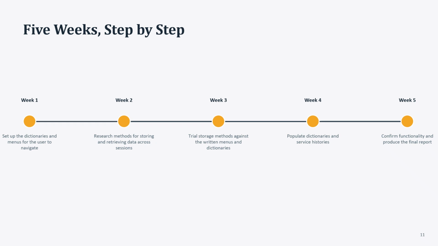In week 3, I looked at the storage methods against those written menus and dictionaries that I had already implemented, which is, once again, where I decided that the JSON file would be the best. In week 4, I played with the program a little bit. I added some different vehicles, made sure that the menu worked properly and I couldn't generate any errors, populated that JSON file, and continued to work with it through week 5, producing my report in that week.